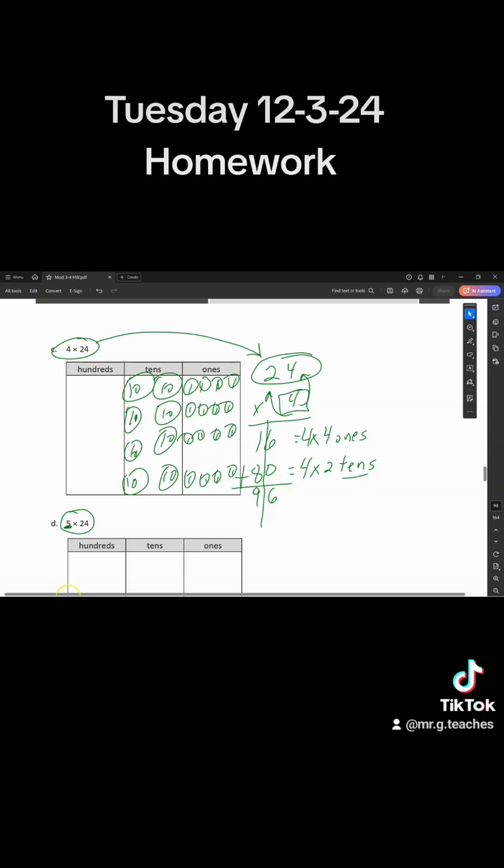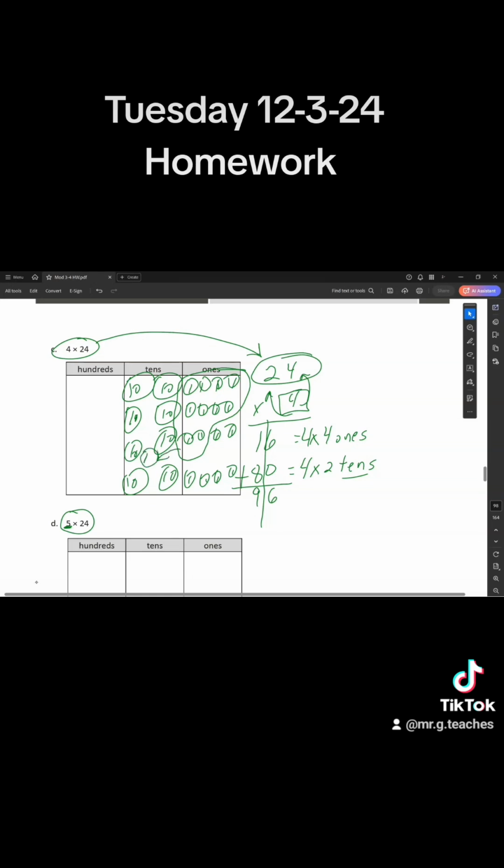And so now I count my ones. If I count my ones, I see that I have more than 10. Can I have more than 10? So I'm going to bundle them. I'm going to put them together. So I'm going to count 10, and I'm going to move it over.